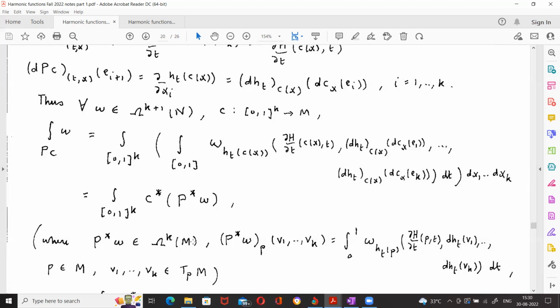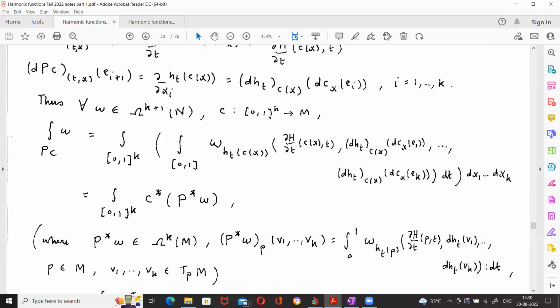What is the value of P star omega at a point p acting on k vectors v1 to vk? It's defined to be the integral from 0 to 1 of omega at the point ht of p, of del h del t of p comma t, dht of v1 up to dht of vk, dt.